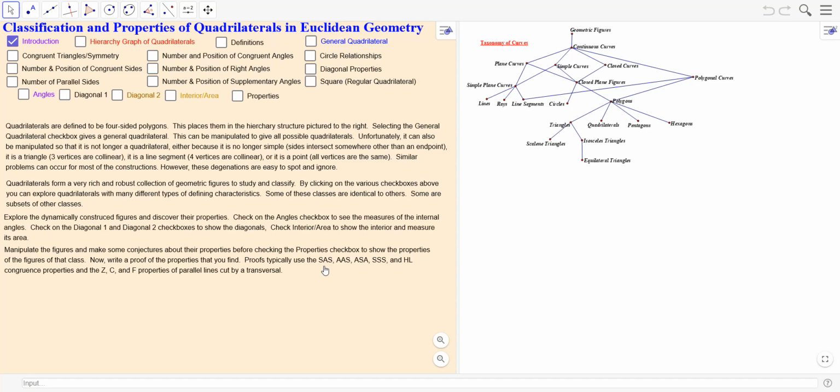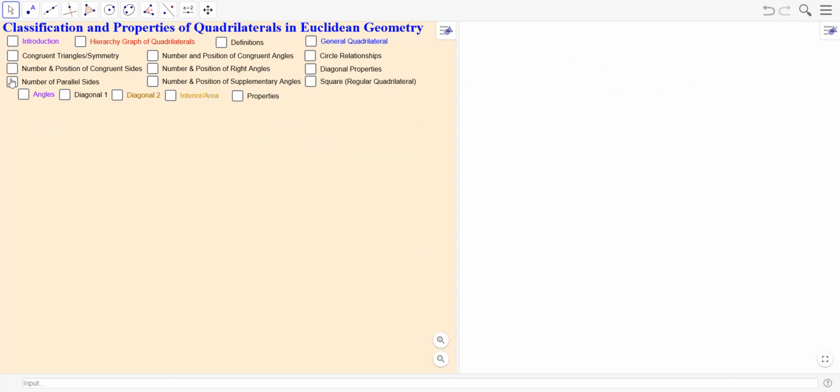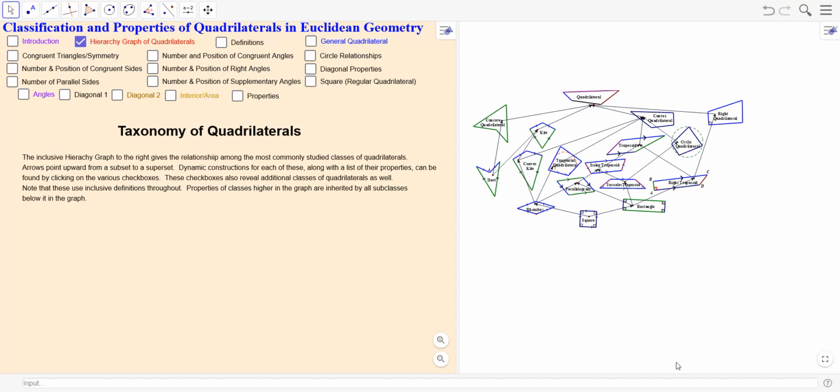So quadrilaterals give us a very rich and robust collection of geometric figures to study and classify. And within this big activity that I have here, we can select and deselect certain things. So for example, we can select this, which gives us a hierarchy among the most common forms of quadrilaterals, giving us a taxonomy of quadrilaterals.